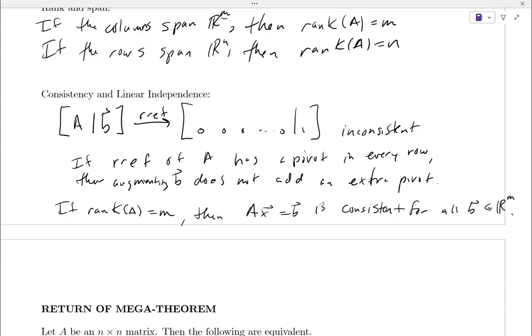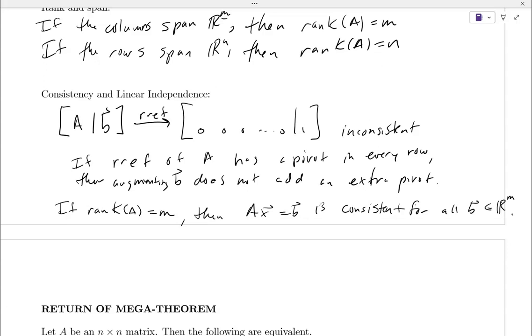So if I have a matrix where the rank is equal to M, then I know I don't run out of pivots. Or I already know that if the rank of A is M, the columns span R^M. We already know that. Okay? So I can't find anything that's not in the column space, which means I can always solve this system.